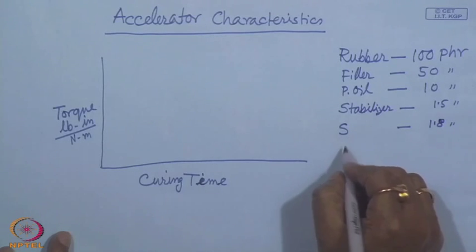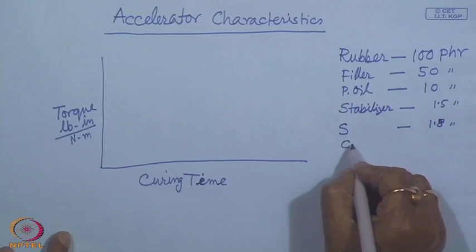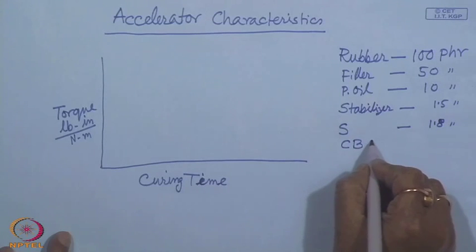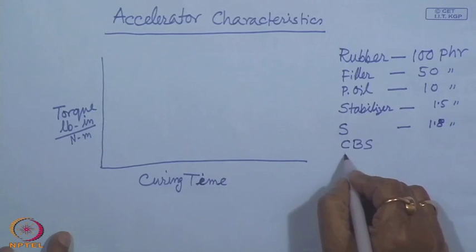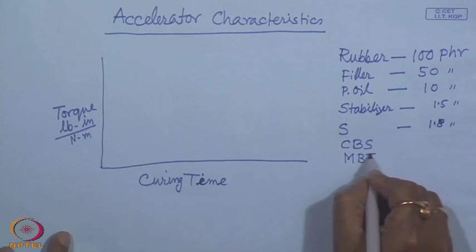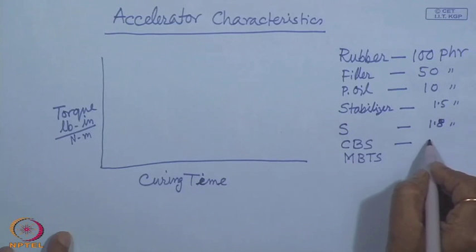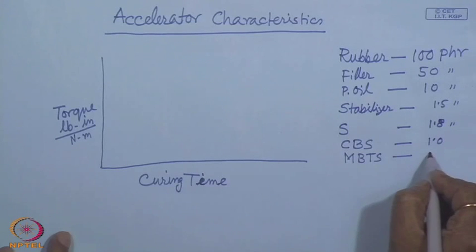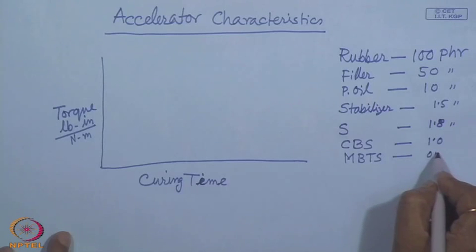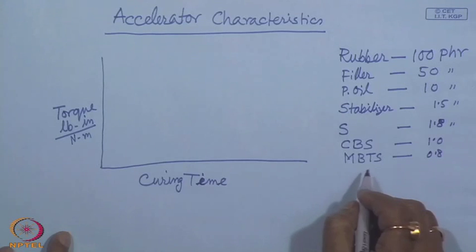Along with sulfur there are accelerators, say from the list I have shown, a CBS and MBTS combination or other combinations can also be used. Say it is 1 part, and 0.8 part or more than 0.8 part, and some retarder can also be used.